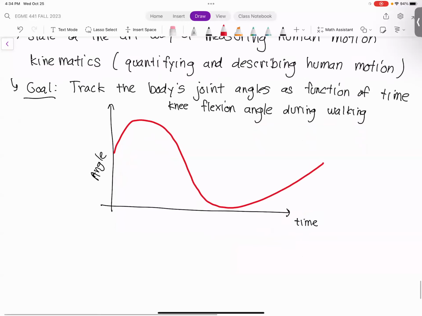Because from here, this basically gives us theta of t, where theta of t is almost like the joint angle as a function of time. If you take the derivative of this, which you can do from the data, all you have to do is take a finite difference approximation. And this, of course, is going to be a function of time.